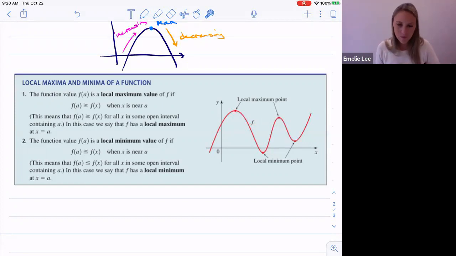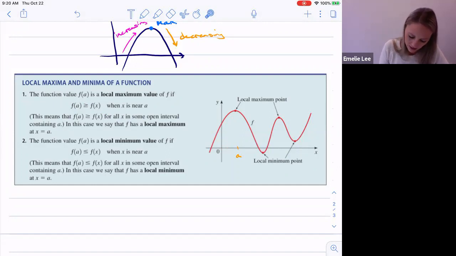So we can pull in the definitions, right? The function notation definitions. So the function value f of a is a local maximum value if f of a is greater than or equal to f of x when x is near a. So if f of a, so here we've got this point a, and then all the other values are just f of x's, right?